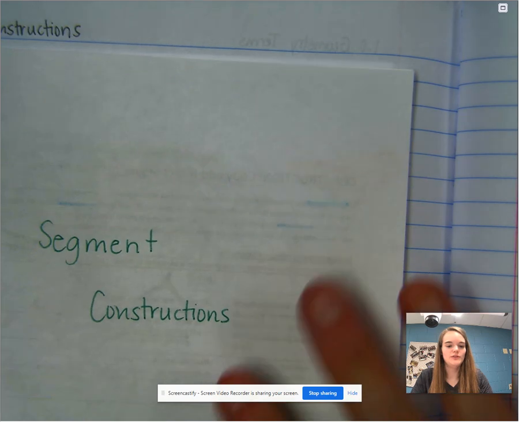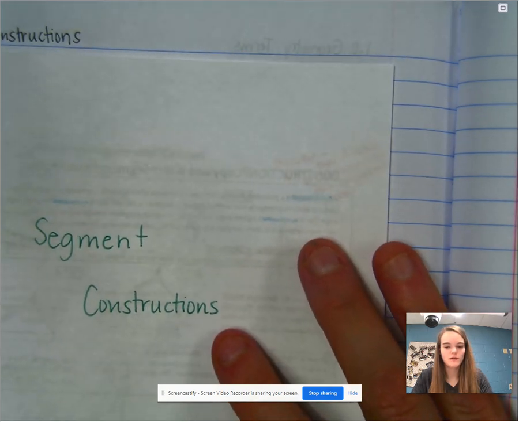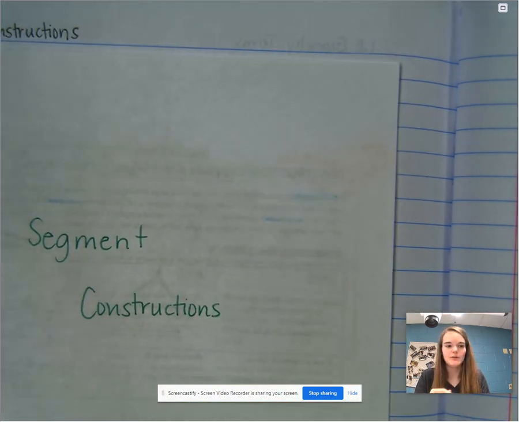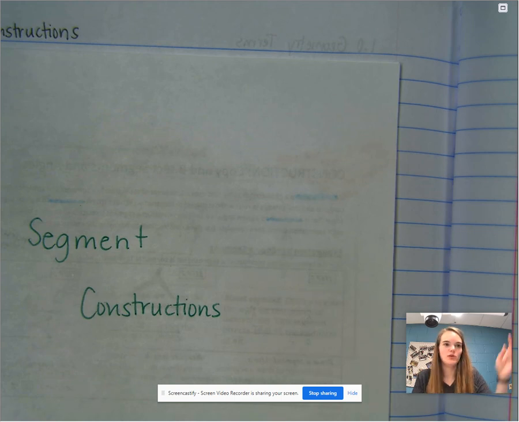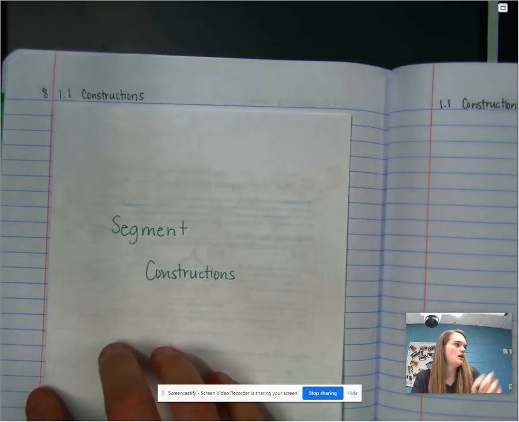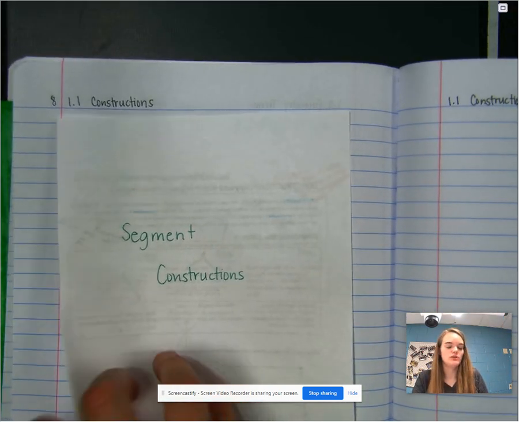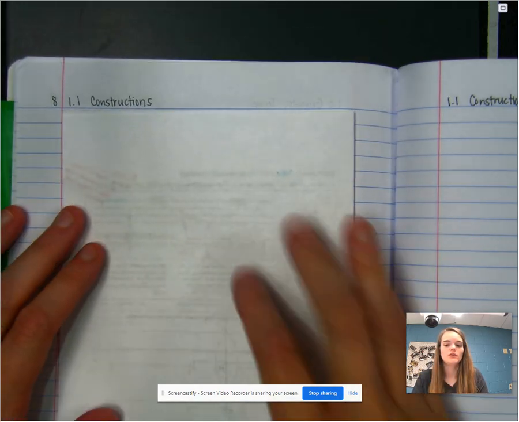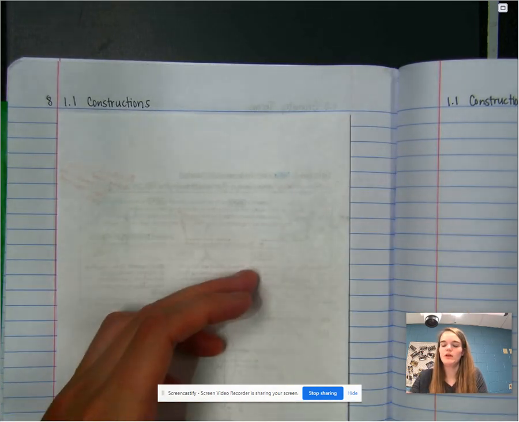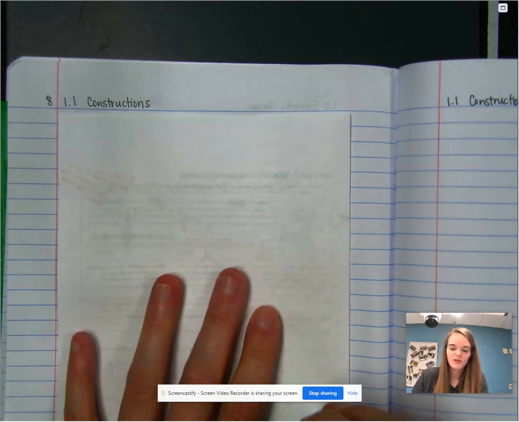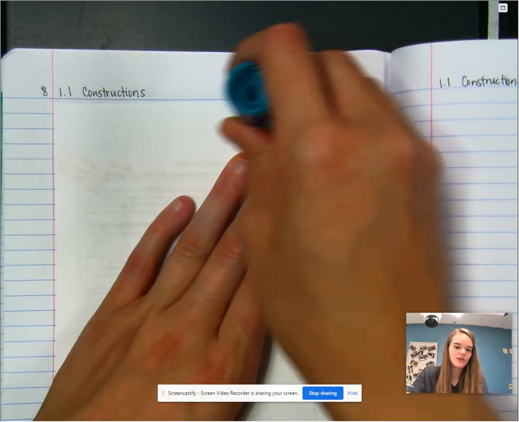Today's homework is a little different. You're only going to do the few I told you to do, you're not going to do the whole assignment yet. This is hard to do digitally. So what would be a good idea is to draw some segments somewhere, copy them, bisect them, whatever.